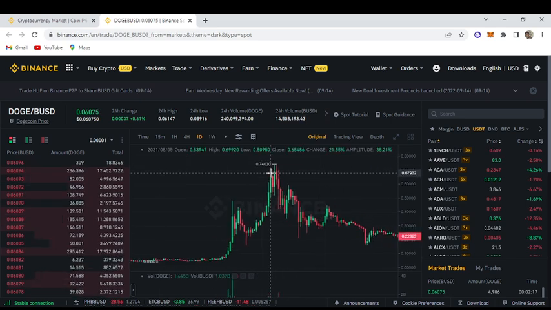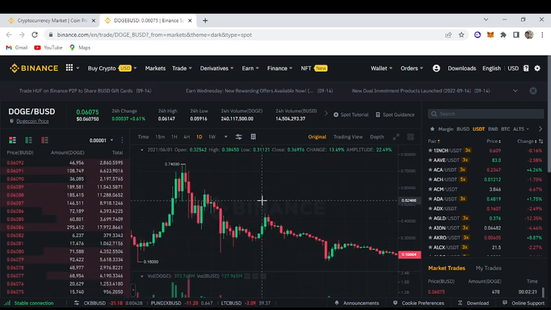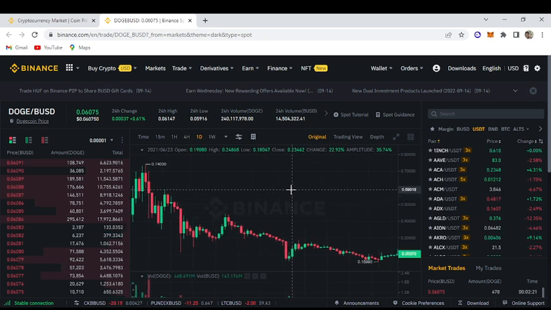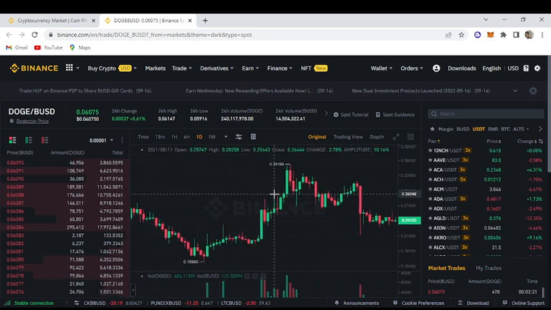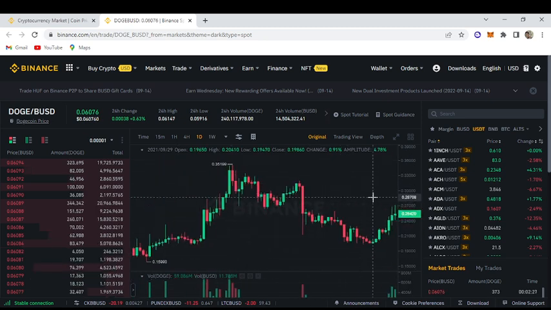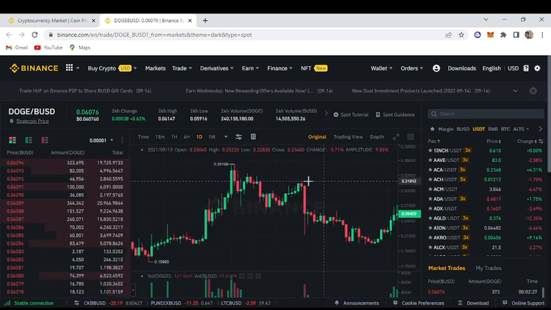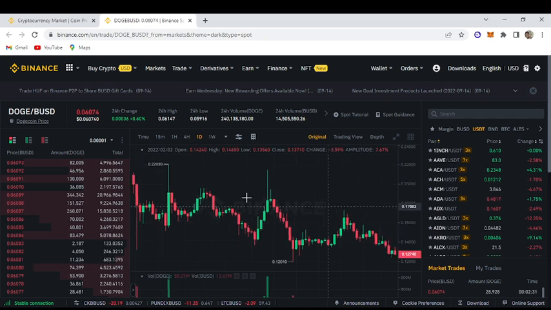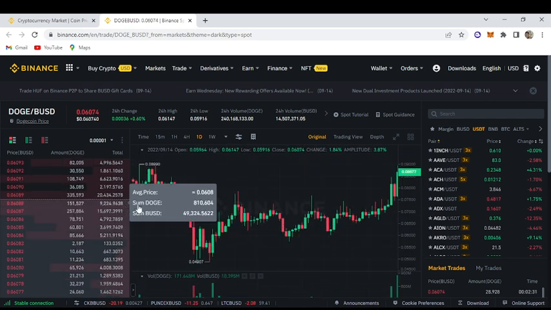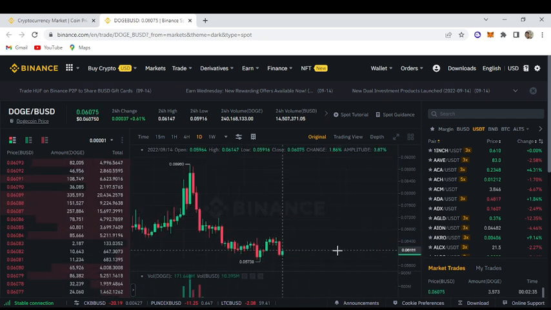After that it started dumping a lot, because of course there was nothing behind this project, it was just people holding, buying and selling. Though it went to $0.35, it dumped again and again, and is currently at $0.05.